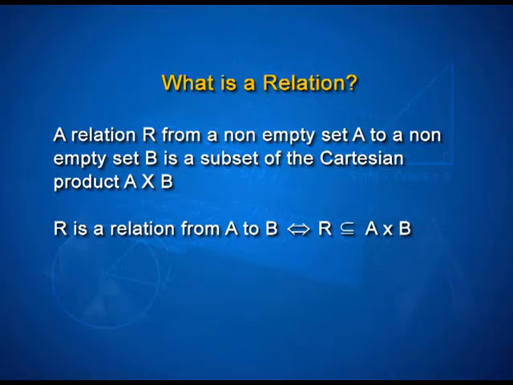And so, in other form, we can say R is a relation from A to B if and only if R is a subset of A cross B, can be equal to A cross B, may be an empty set as well. So, it is not a proper subset of A cross B.